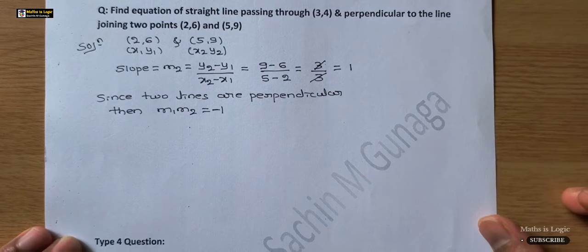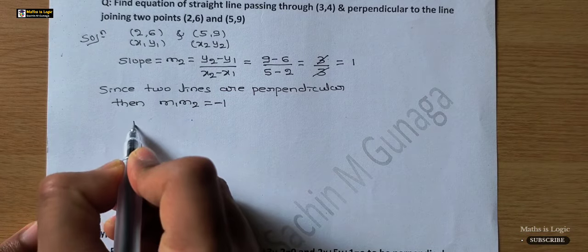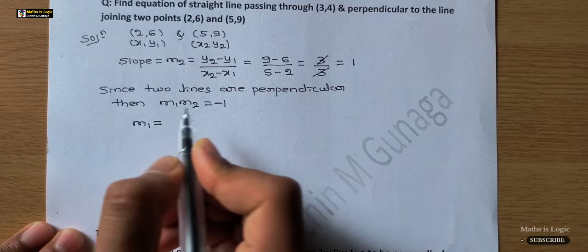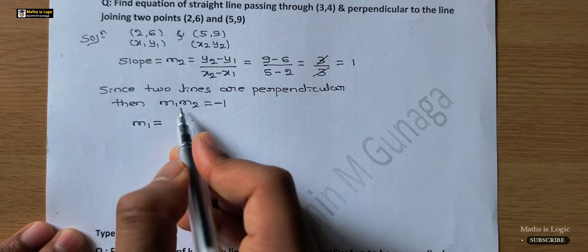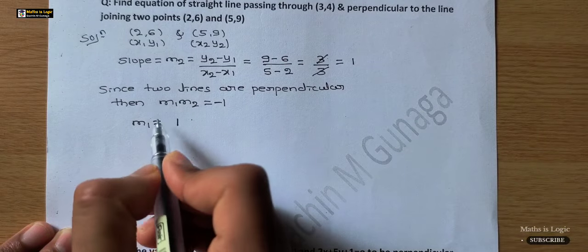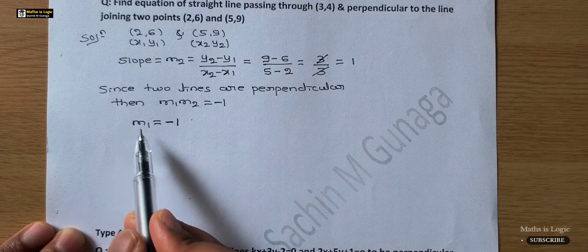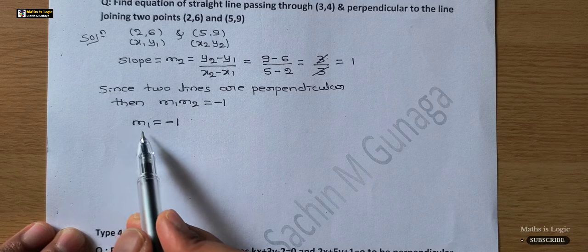Now apply that shortcut way. So what I told, to get the m1 value, take the reverse of the m2 value. What is the reverse of 1? 1 only, with the opposite sign. So here a plus sign is there, here you need to take a minus sign. So this is how you directly get the m1 value.